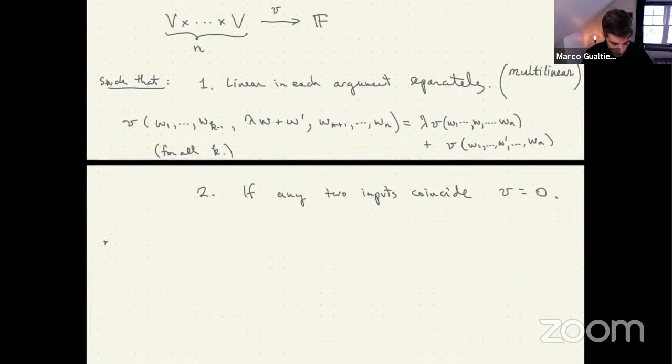Okay, now notice that the second property implies something.